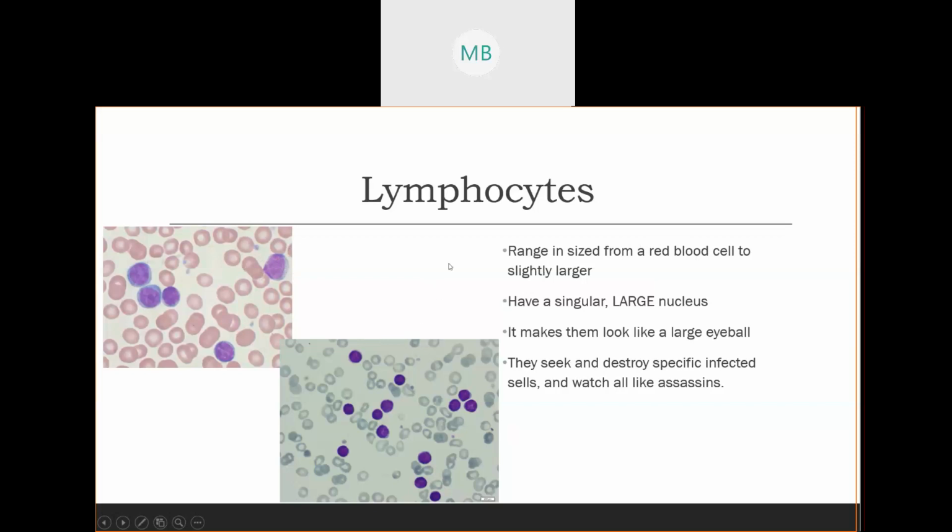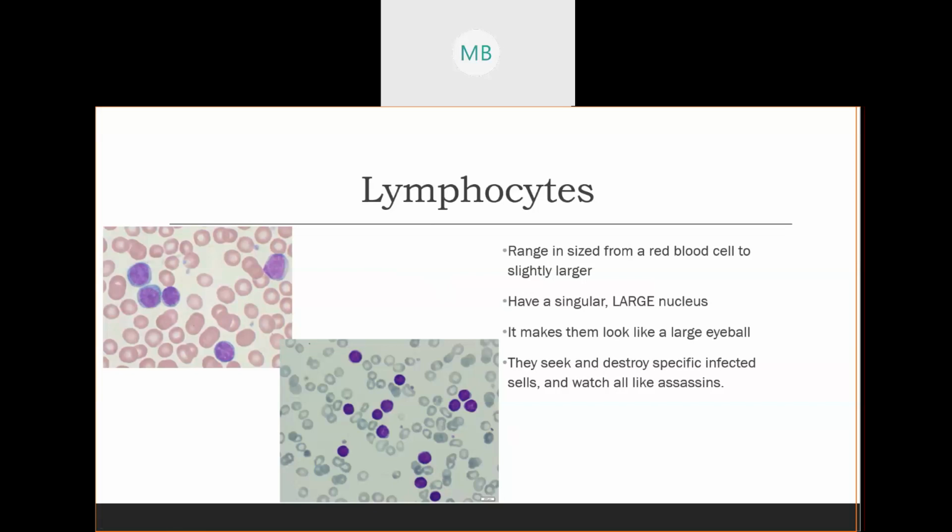But your lymphocytes have one singular, super large nucleus in them. Here's a good example. You can see the darker purple right there, a large nucleus in the middle of that cell with only a little bit of outline of the rest of the cell that's kind of a bluish tint. That is all one cell, but the purple part is the super big nucleus.